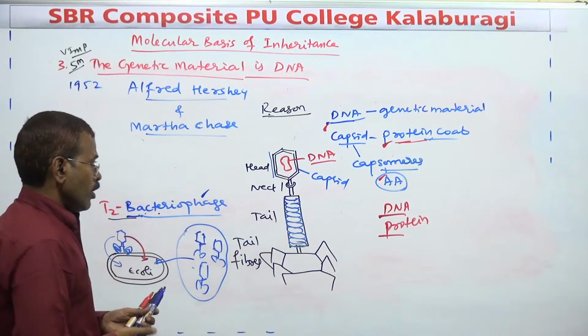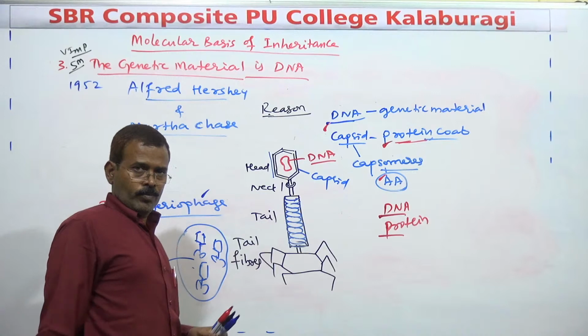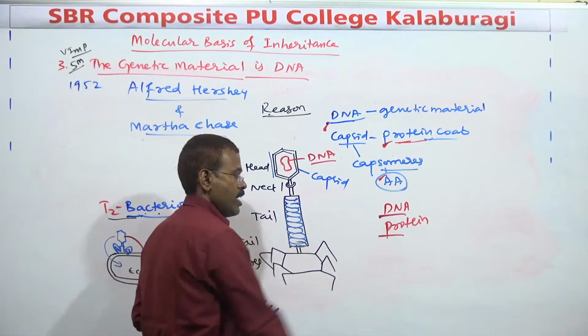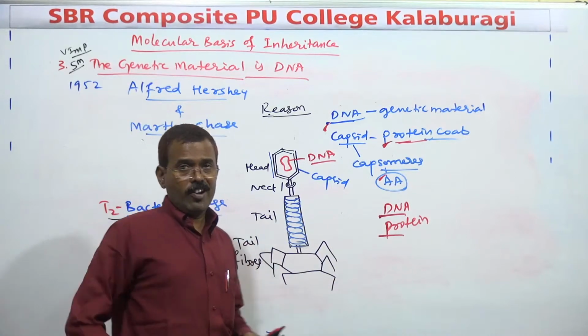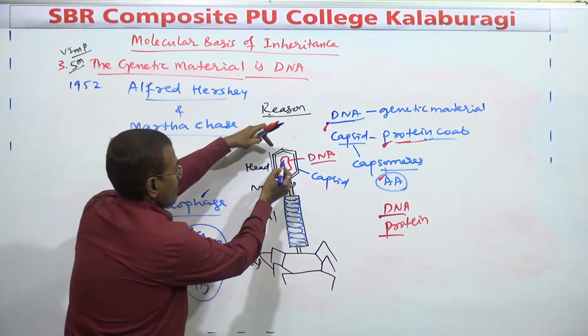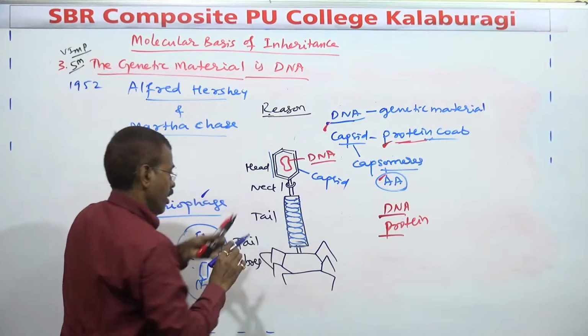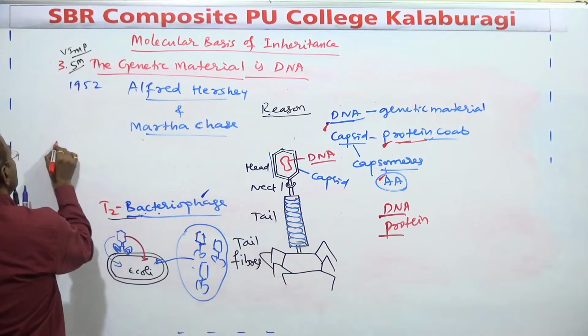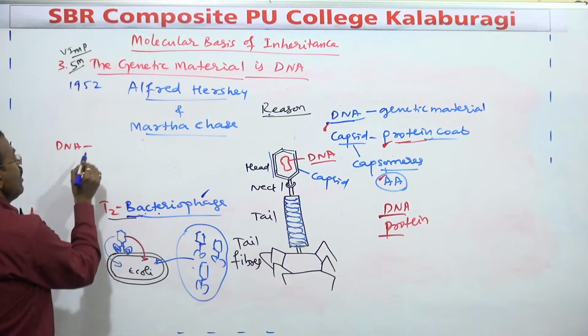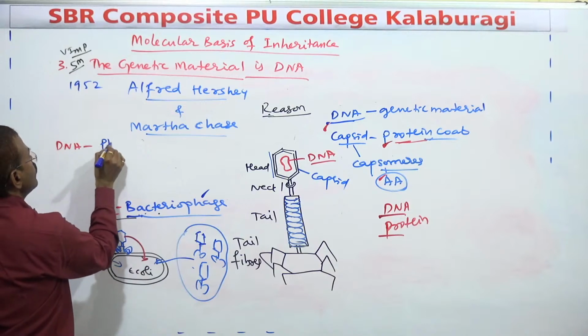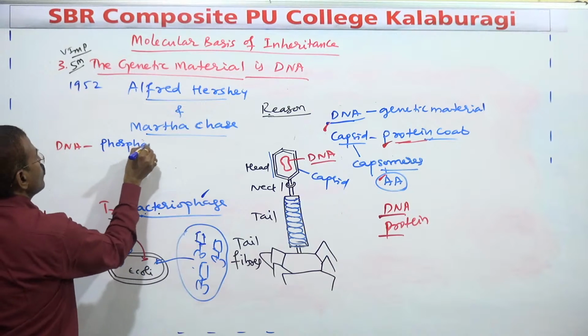Now, in order to know whether DNA is the material entering or protein is the material entering: DNA is present within the head. This DNA has phosphate.